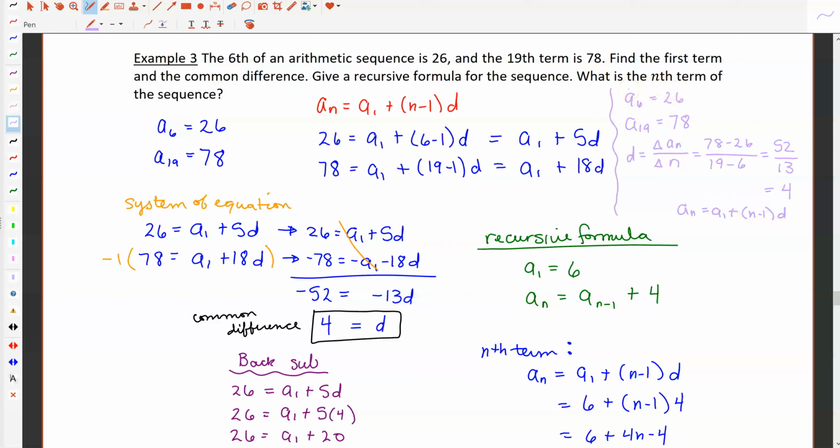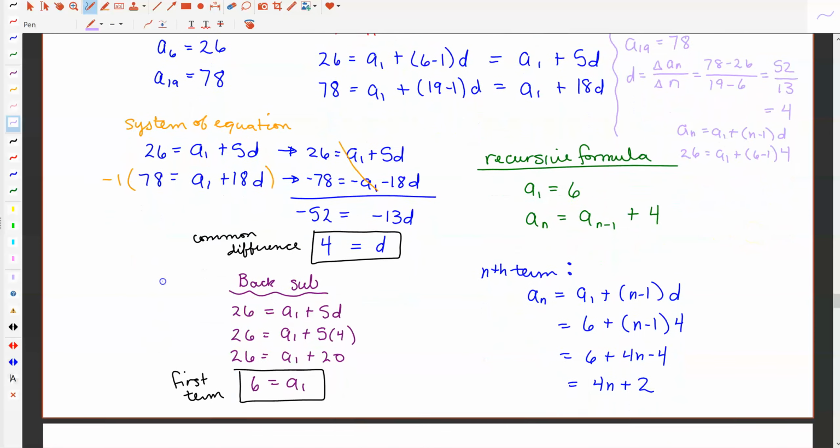I'll use the first piece, it doesn't matter. The output is 26. A1, I don't know, but I know 26 is the 6th term of my sequence, so I'll plug in 6 for n, and I know my common difference. Okay, so that's an equation that involves just one unknown, so I'm not going to take the time to clean that up, but if you clean this up and solve for a sub 1, you'll get the same thing we found, which is 6. All right, so just a slightly different way of answering that question.